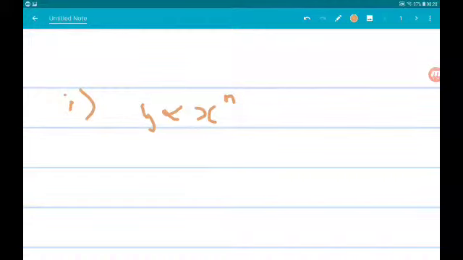Now that describes the proportion. We need a formula, so we're going to use y is k times x to the power of n.